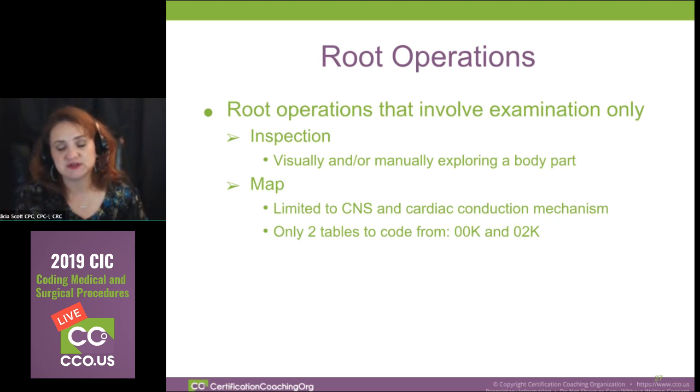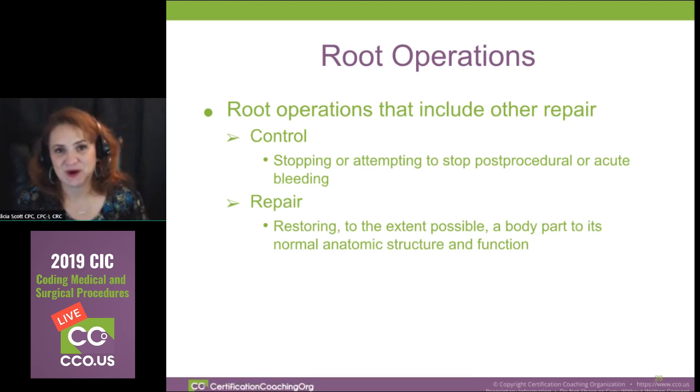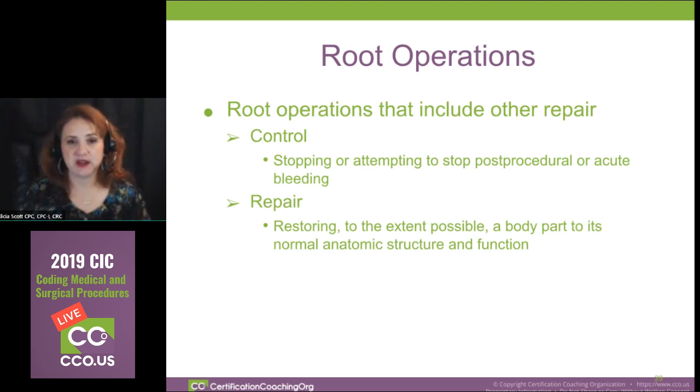So go look at those. Make a note and go look at what we can do in mapping in the tables that are involved. It's pretty limited. The more limited you are with the description, the easier it is to find the proper root operation. Whenever we do anything that involves a repair, then we can either control or repair something.